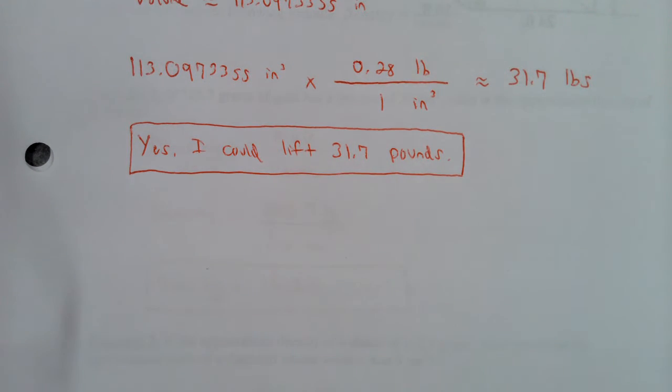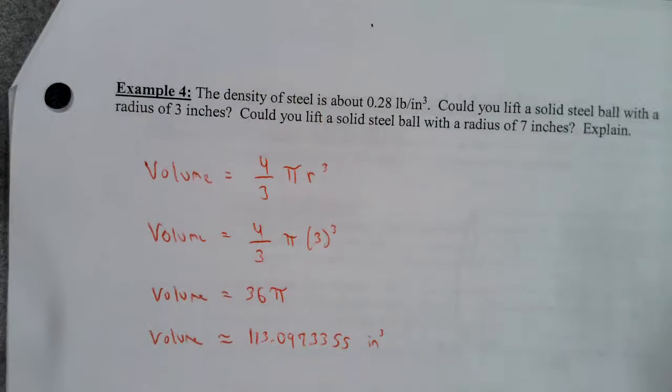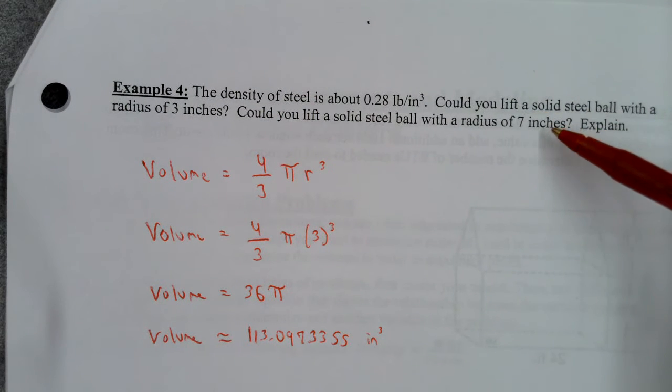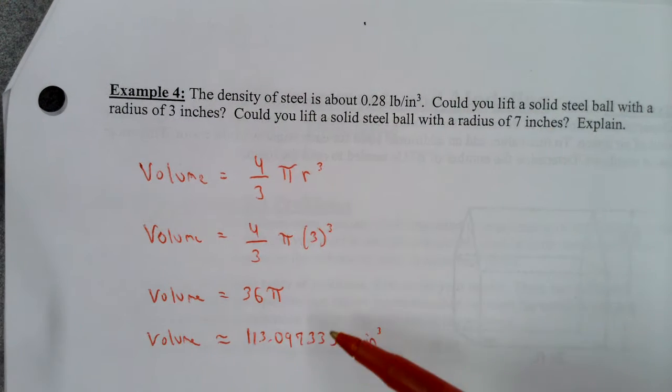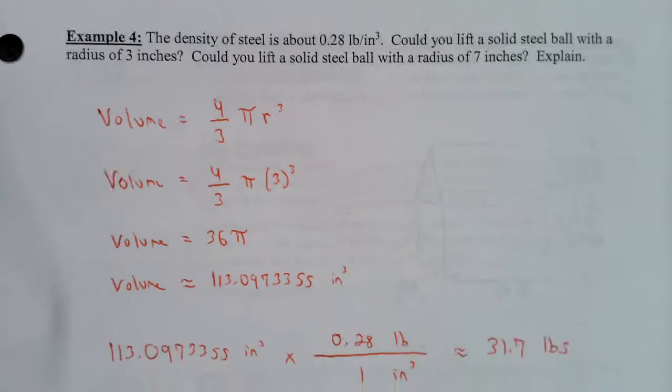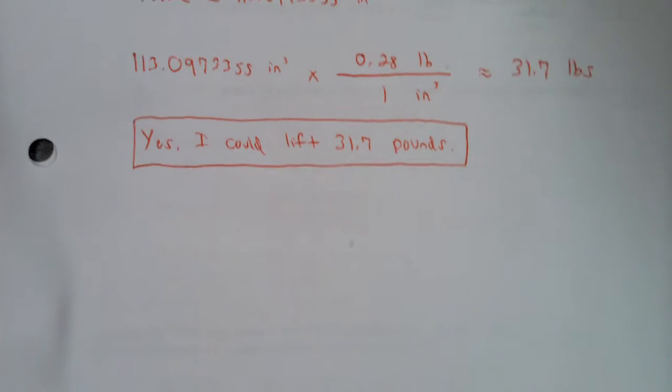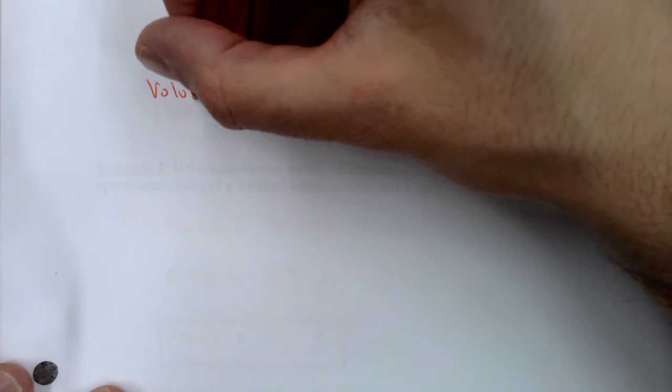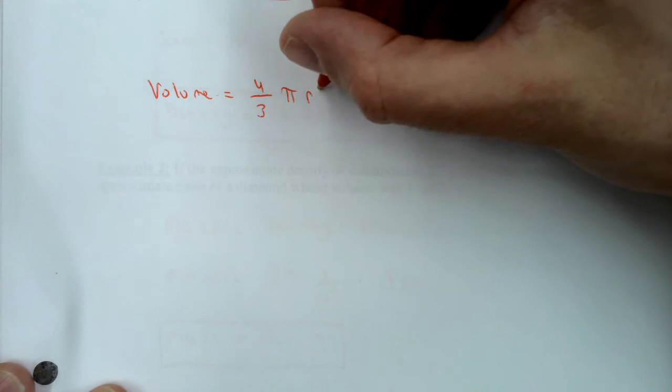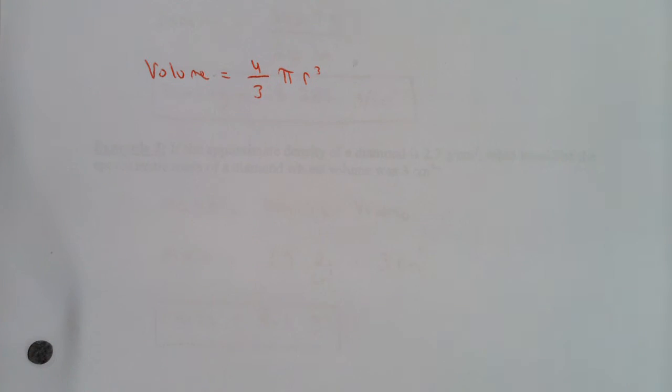All right, now let's do the same thing for the other part, because it's the same thing but with the 7-inch radius. So let's calculate the volume of that, then we'll convert it to pounds. So again, it's a solid steel ball, so I'm going to say volume equals 4/3 times pi times radius cubed. That's the volume of a sphere.